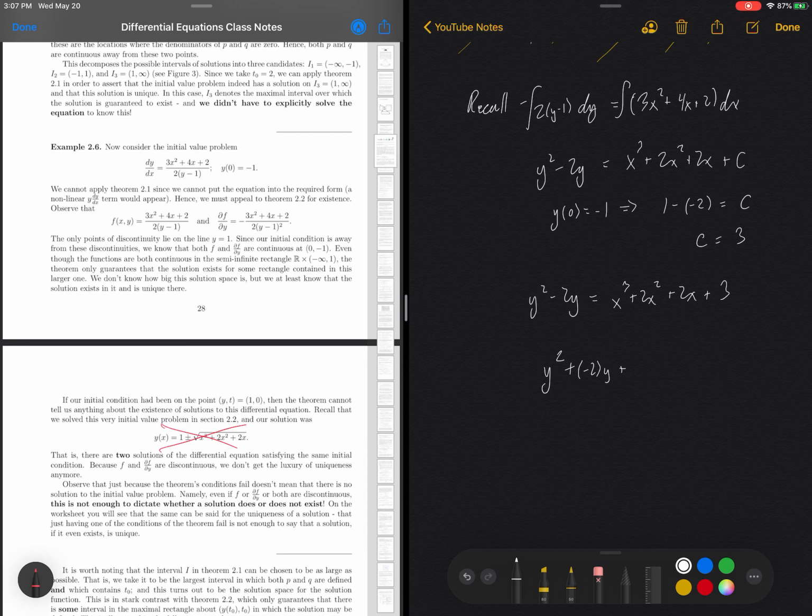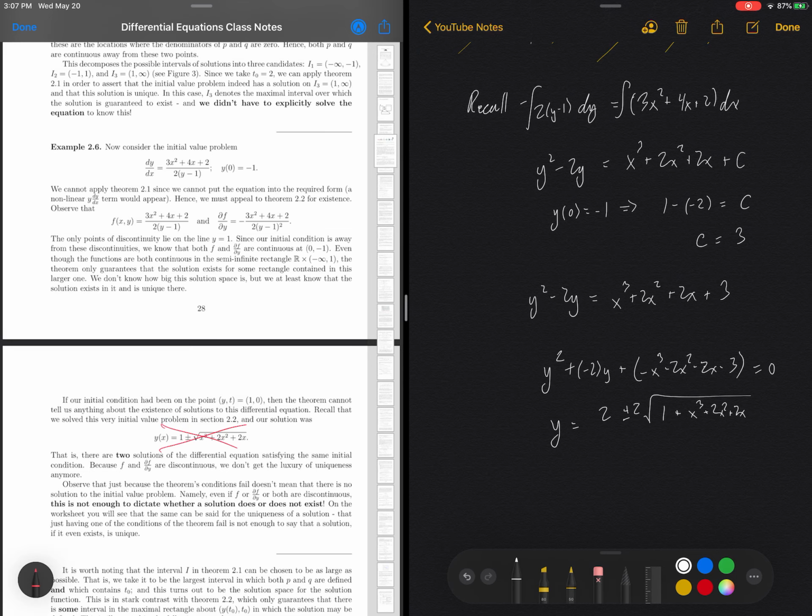Excellent. So that would mean that I get y squared minus 2y equals x cubed plus 2x squared plus 2x plus 3. And I can solve this with the quadratic formula if I move everything over to the other side and treat the x pieces as constant. So this would be negative x cubed minus 2x squared minus 2x minus 3 equals 0. So y equals 2 plus or minus the square root of 4 minus 4ac, so plus 4 times x cubed plus 2x squared plus 2x plus 3.